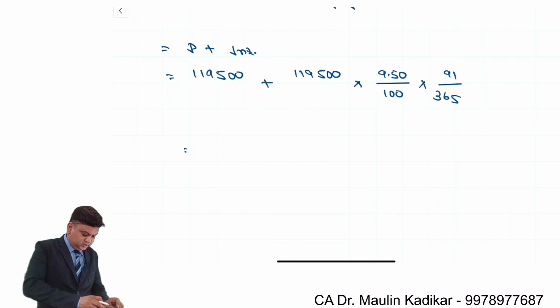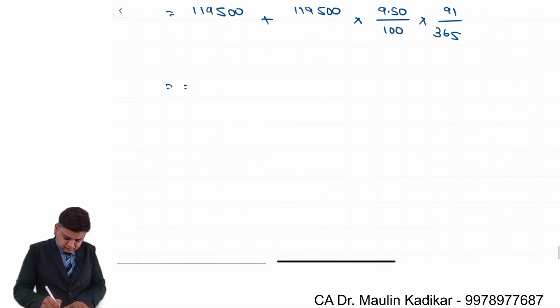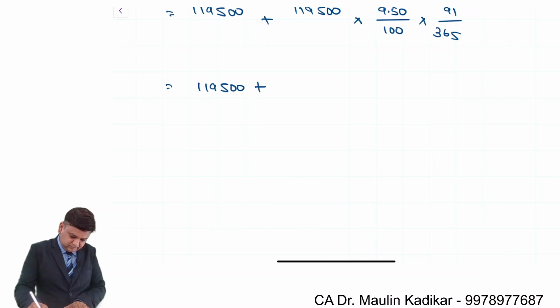Dear students, over here the question does not provide the information about continuous compounding. Otherwise, we would have taken the continuous compounding. Okay. So 1,19,500 plus 2830.35.